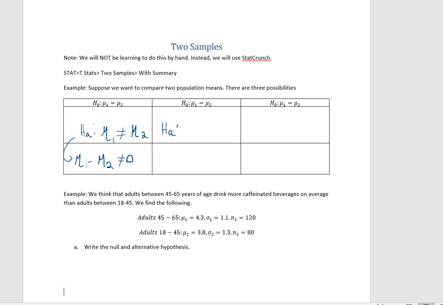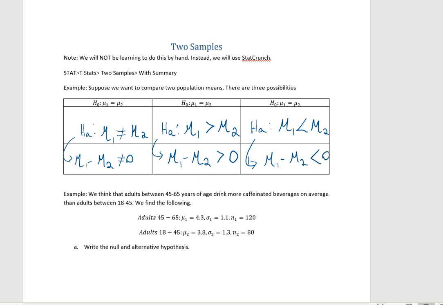Your second alternative hypothesis is that one population is greater than the other, which again you can rewrite as mu1 minus mu2 is greater than 0. And the third one is that you think mu1 is less than mu2, which we can rewrite as mu1 minus mu2 is less than 0.